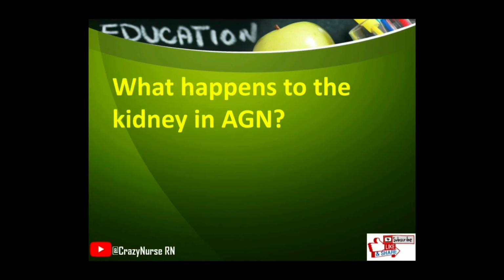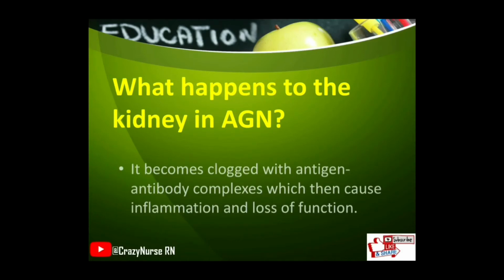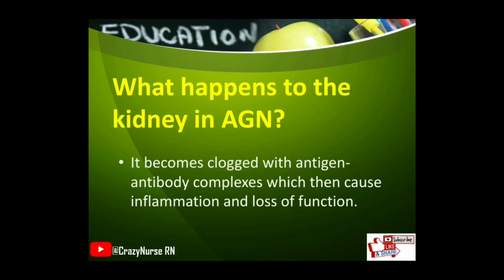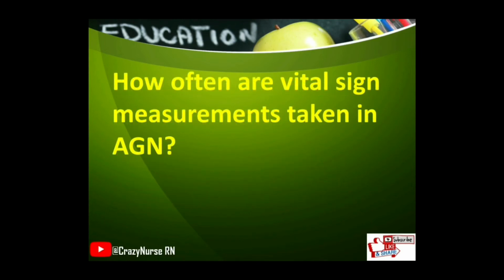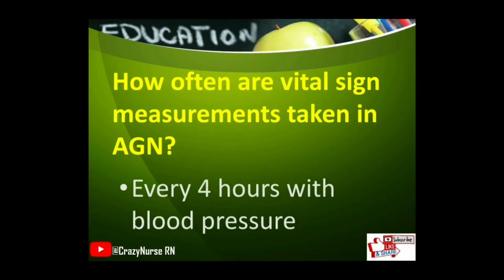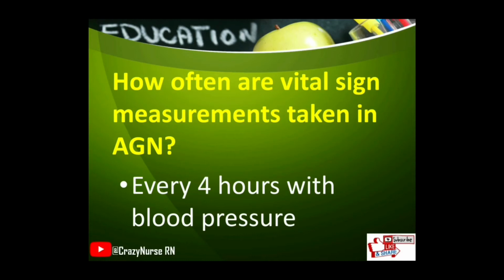What happens to the kidney in AGN? It becomes clogged with antigen-antibody complexes, which then cause inflammation and loss of function. How often are vital sign measurements taken in AGN? Every 4 hours, with blood pressure.